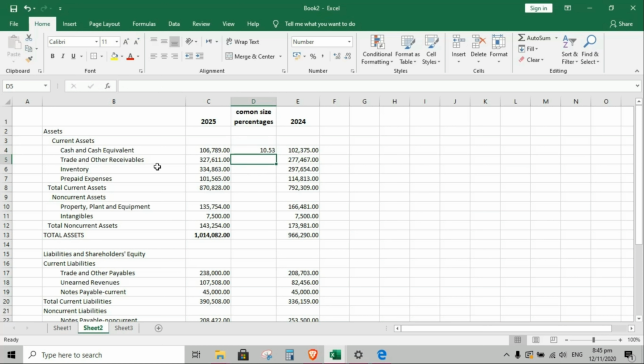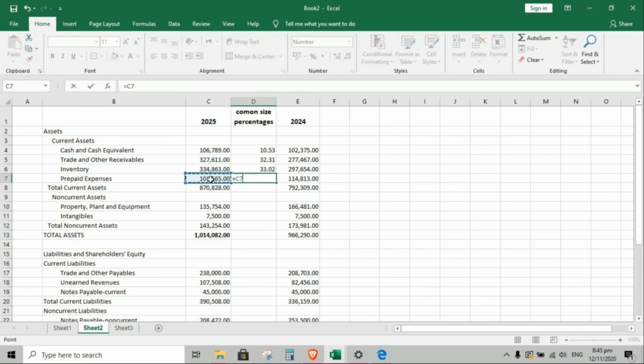Okay, next is yung trade and other receivables. Trade and other receivables divided by total assets times 100. 32.31 and so on and so forth. So, ipakompute natin ito. Okay.